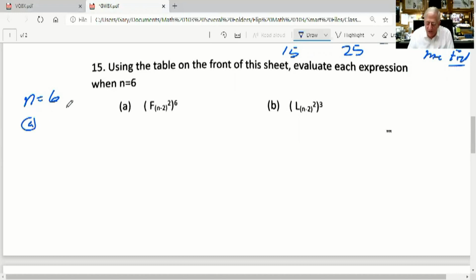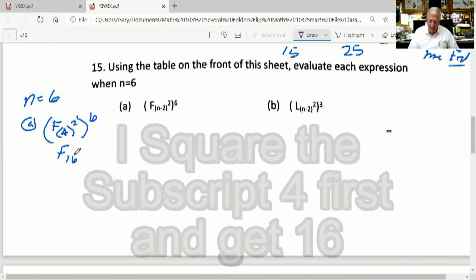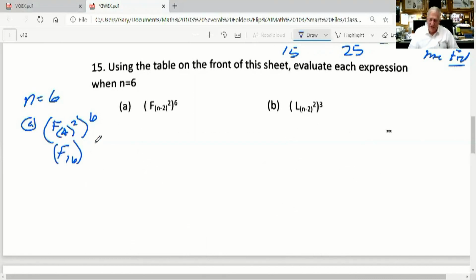Question A would say what? F sub 4. But I'm going to square that subscript. Then I'm going to take the answer to the Fibonacci number that I get after I square the subscript and take it to the 6th power. So wait a minute, now let me write this down a little better. F16, I'm going to take that to the 6th power.